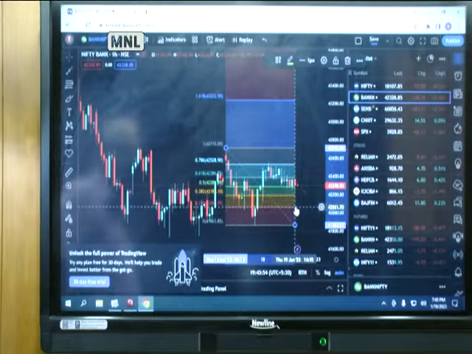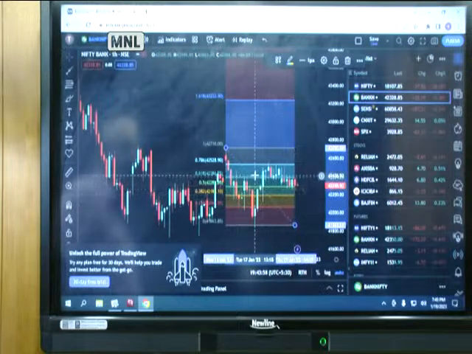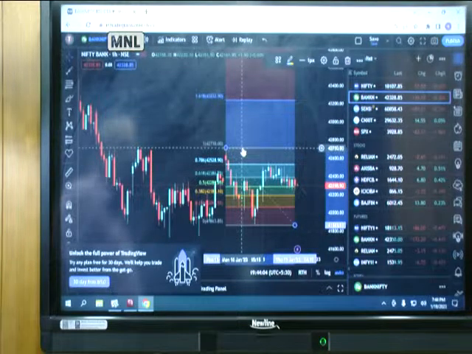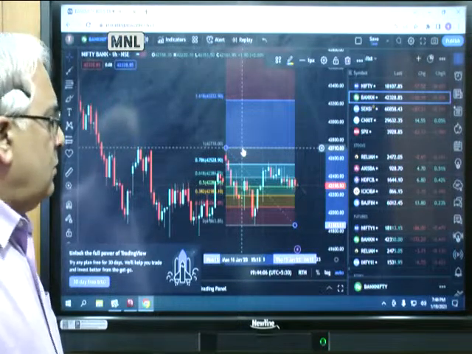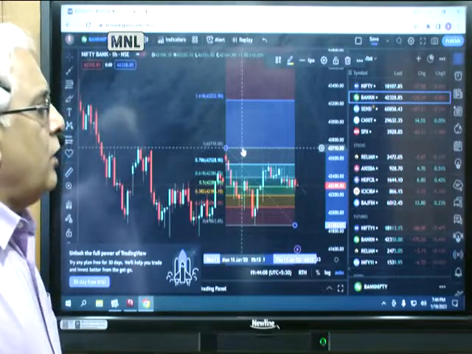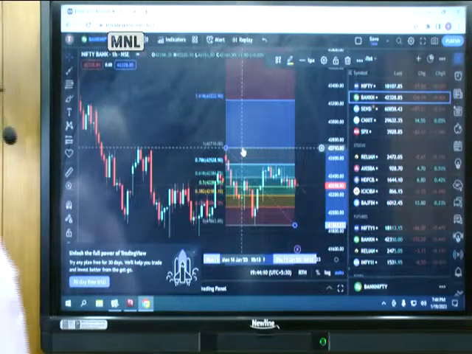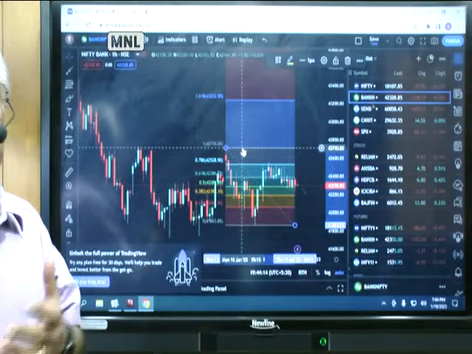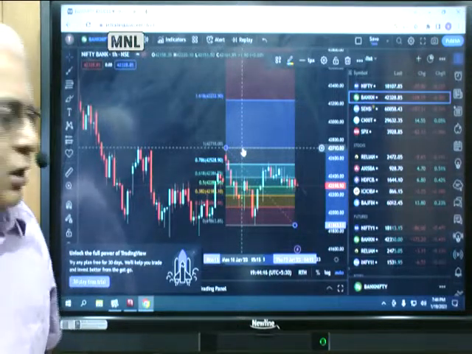If you have difficulty with this particular stop loss, you can use 42,528, the 78.6, and this 42,710. That means approximately a 200 point stop loss. So the stop loss you can look towards is 200 to 250 points.